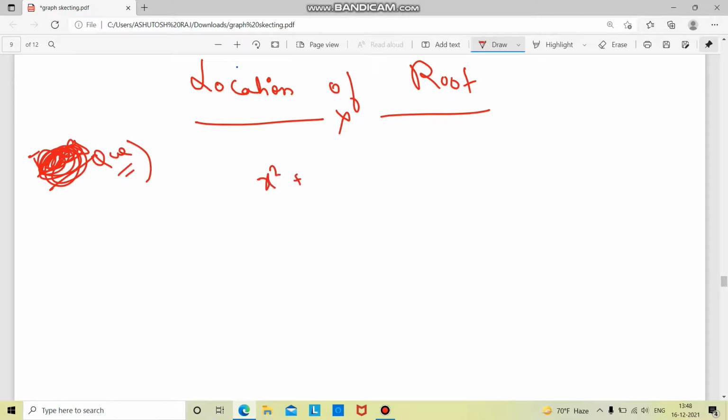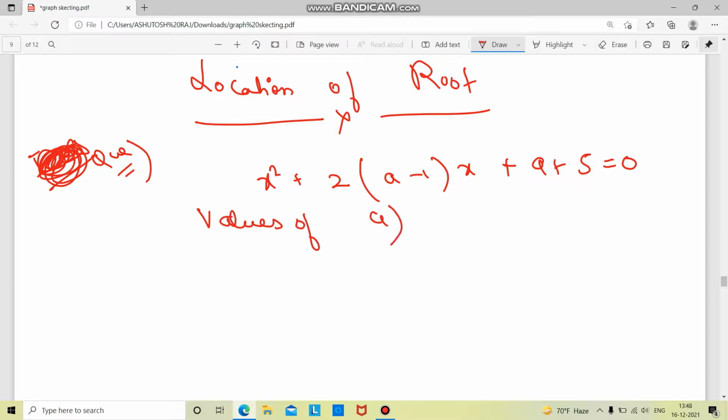There is a quadratic equation x square plus 2 into (a minus 1) x plus a plus 5 equal to 0. And we have to find values of a. First part, such that the roots are real and distinct. Second, roots are equal.